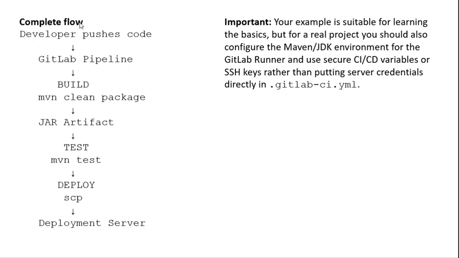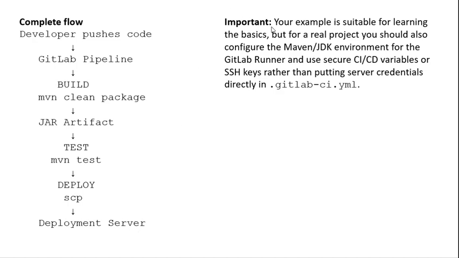The complete flow is: a developer pushes the code, then the GitLab pipeline runs the build with mvn clean package, the jar artifact is checked, then the test uses the mvn test command, and the deploy uses scp to deploy to the server.